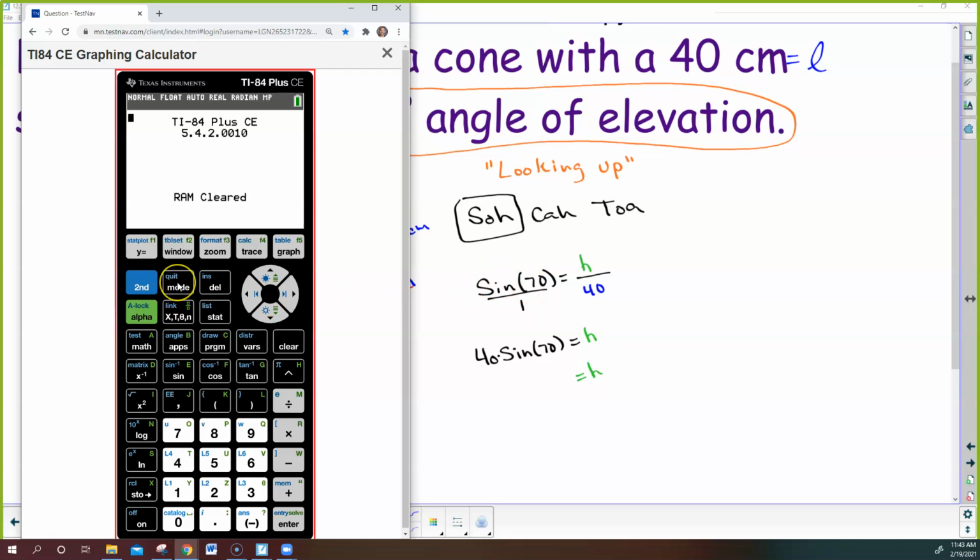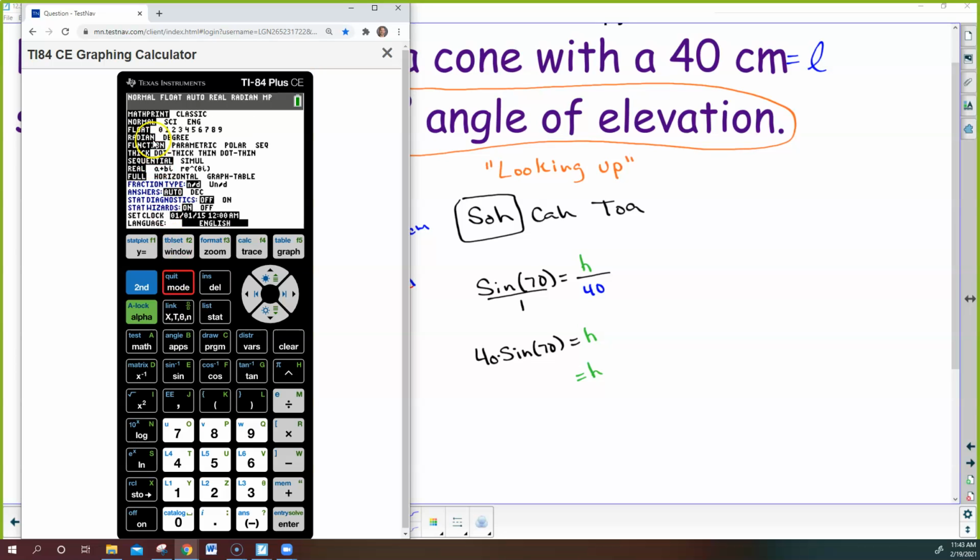I need to be in degrees mode. So I'm going to just double check that my calculator is in the correct mode. So when I hit mode, I'm going to scroll down to radian and degrees, and you can see I was not in the correct mode. So I have to move over to degrees and hit enter. And that's it. Now I'm ready to type in 40 times the sine of 70. So I'll go to second quit, 40 times the sine of 70, and there it is.